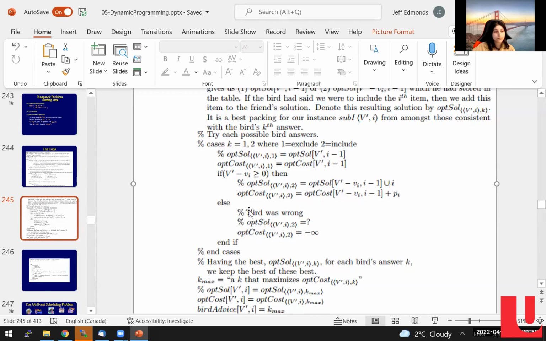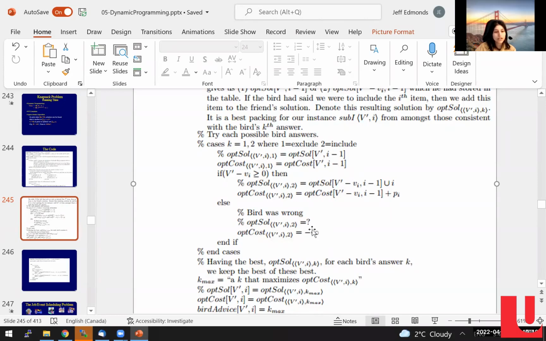And if it doesn't fit, then shoving it in would be really bad. So the cost of this solution where I shoved it in would be negative infinity, because I'm trying to get the highest solution possible. And this would be a really bad solution. Does that make sense?